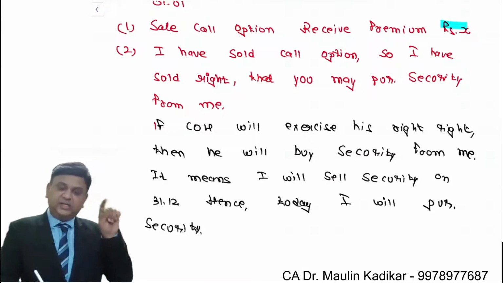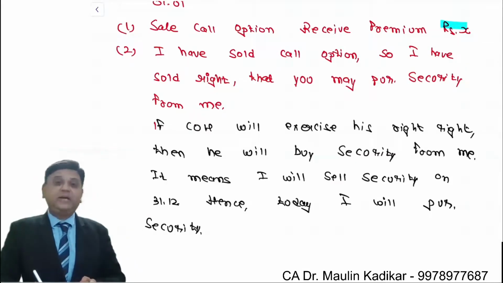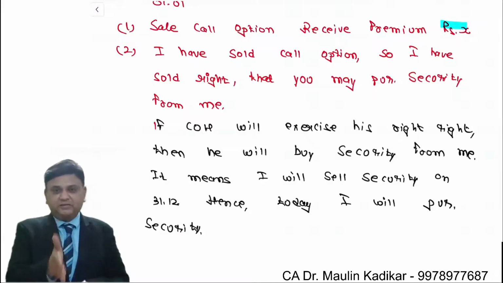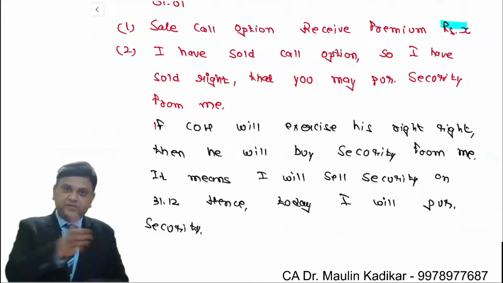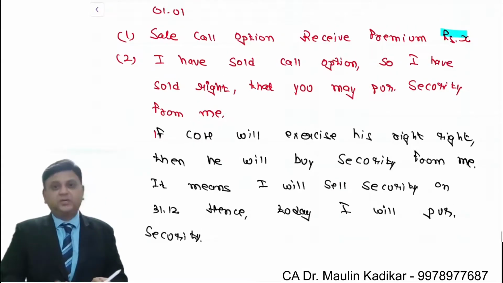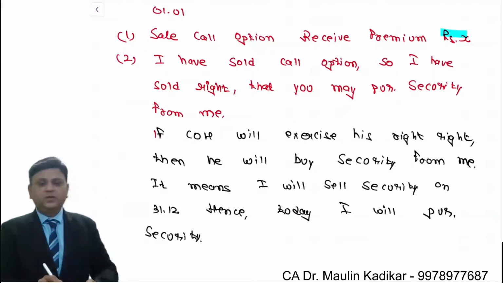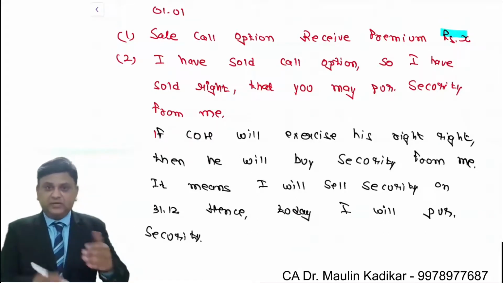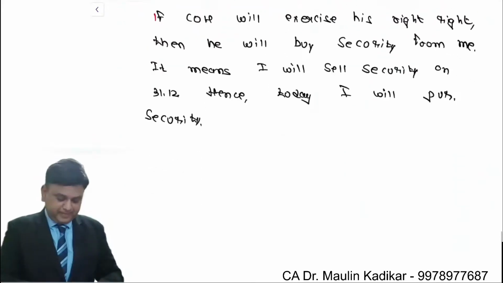As I am going to sell security at the end of the year, today I will buy security. And this is given the name replica portfolio. Whatever you are going to do at the end of the year, the reverse of that you will do today; that is given the technical name replica portfolio. And this is what you are required to do. If you have a question right now, keep your question aside for the time being, and I will explain that to you in my gradual process.